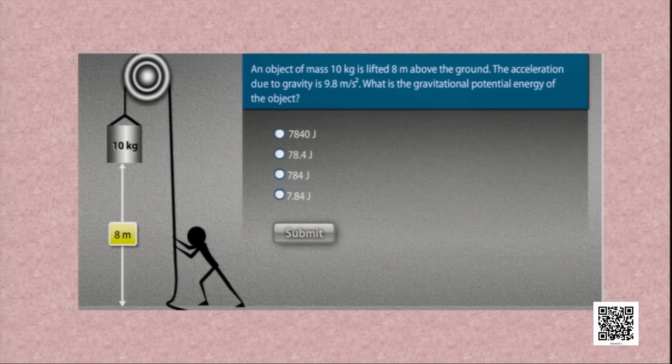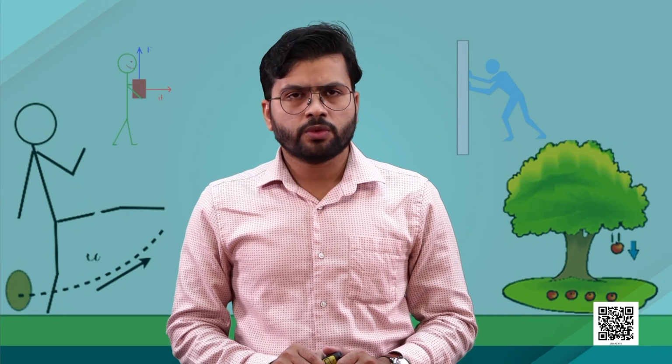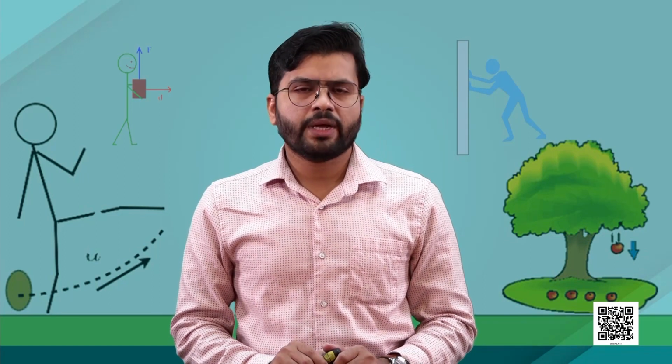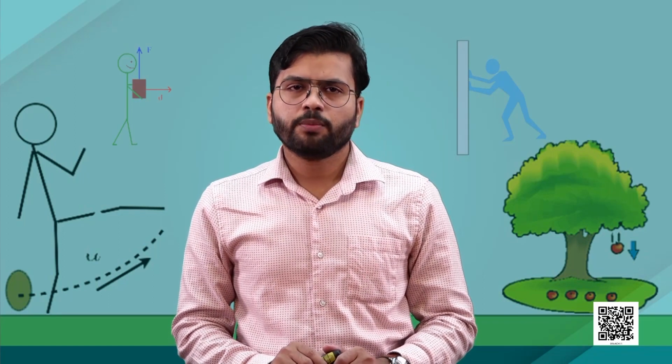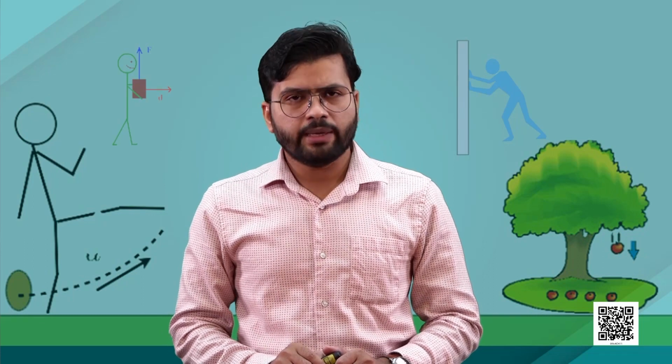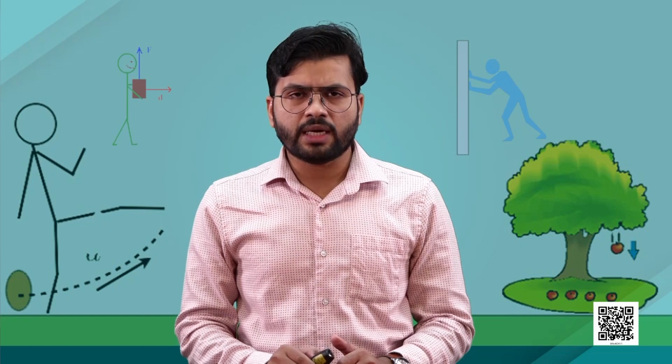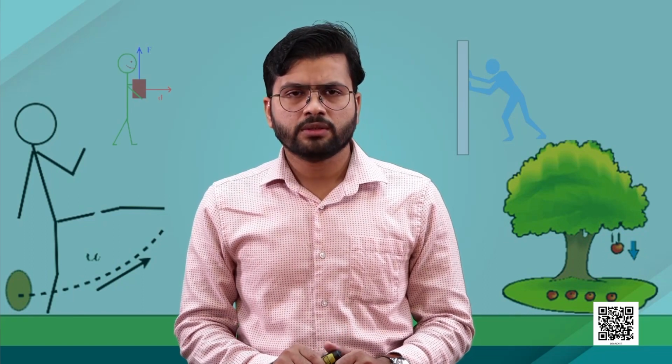The options given to you: 7840 joule, 78.4 joule, 784 joule, or 7.84 joule. So here we can easily solve this by applying the formula potential energy is equal to mgh. The values are given to you. So you try, what will be the answer.